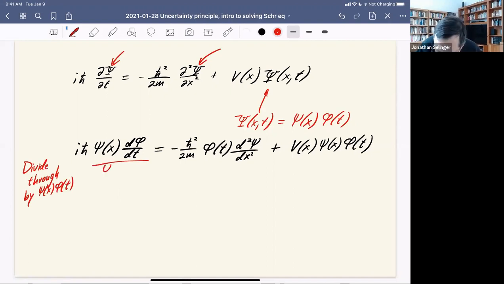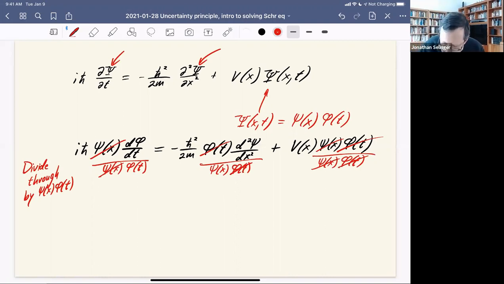So here, and here, and here. The nice thing about doing that is that we get some cancellation. Here the psi's cancel. Here the phi's cancel. And here they both cancel. Now what's left after that cancellation?